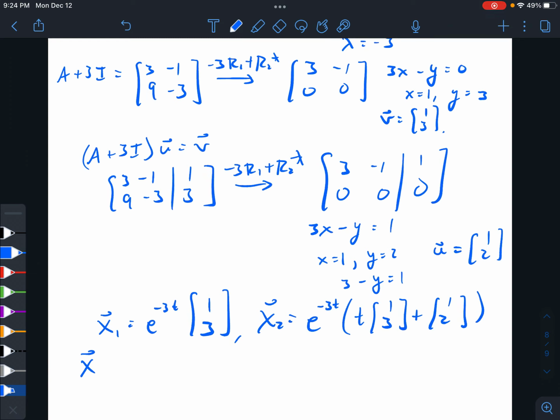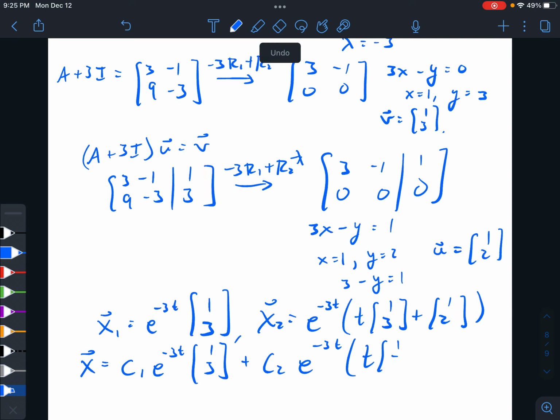So our general solution is x equals c1 e to the -3t (1, 3) plus c2 e to the -3t (t(1, 3) plus (1, 2)). I don't know why 3s are just so difficult for me to write sometimes.